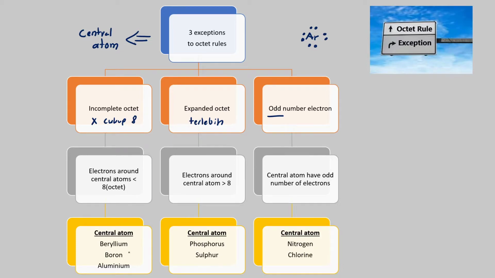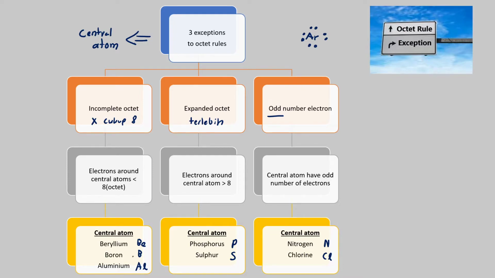So this is a cheat sheet if you want to remember it easily. If the central atom is beryllium, boron or aluminium, most likely it will form an incomplete octet structure. While if it is phosphorus or sulfur, most likely it will be expanded, and central atom nitrogen and chlorine, most likely it will be odd.